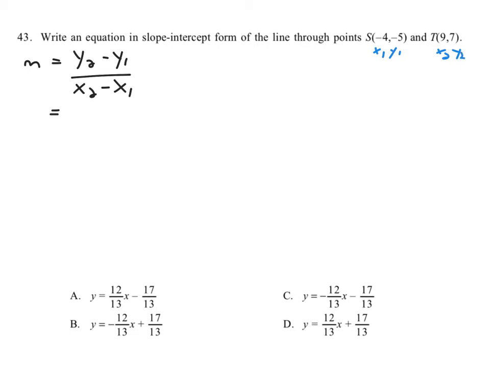Sorry, it's kind of smashed in there, but now when we fill in the values, we say y2 minus y1 over x2 minus x1, and we get y2, 7, minus y1, -5, over x2, 9, minus x1, -4.